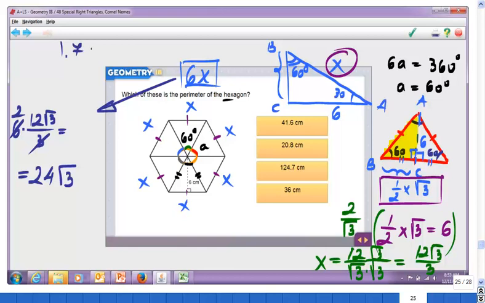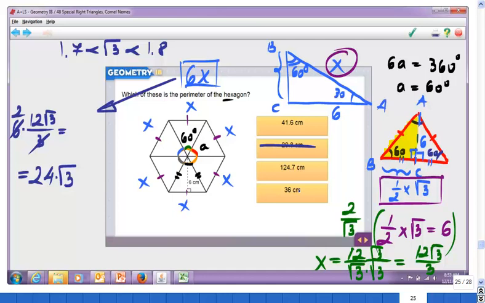You guys remember from a previous problem, your square root 3 is greater than 1.7 and less than 1.8. Now you can check. 24 times square root 3 cannot be 20, because 20 is less than 24. Now, to see which one of these answers may be the best one, you can check.